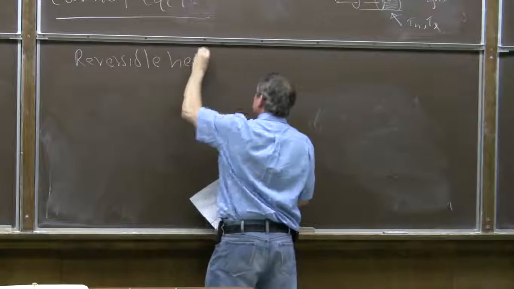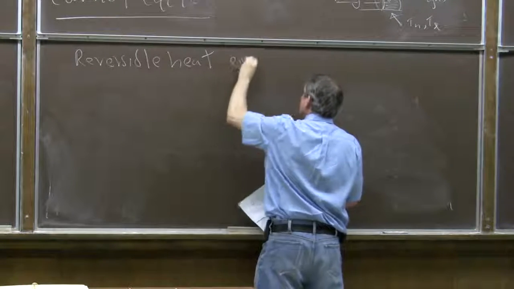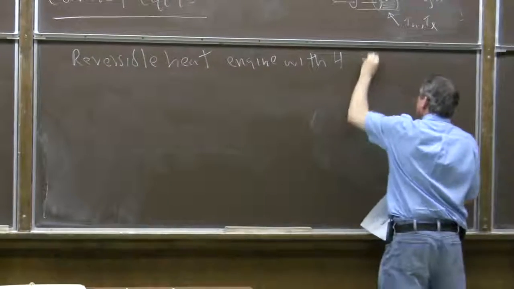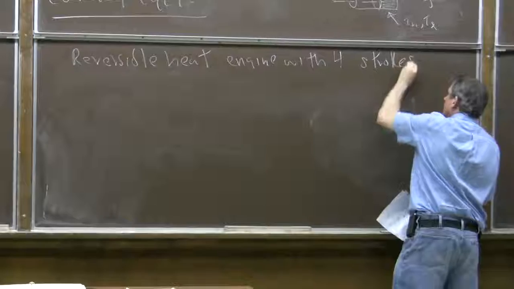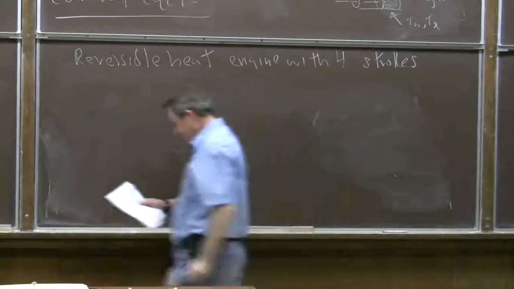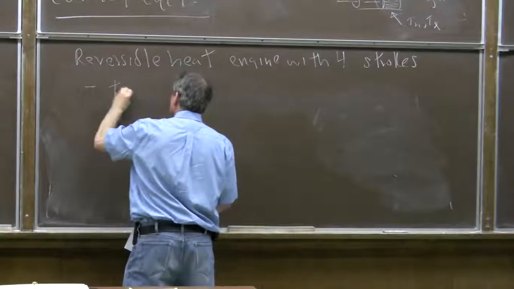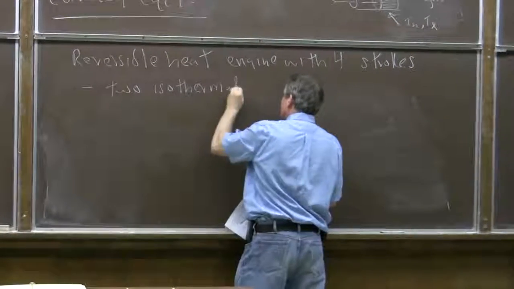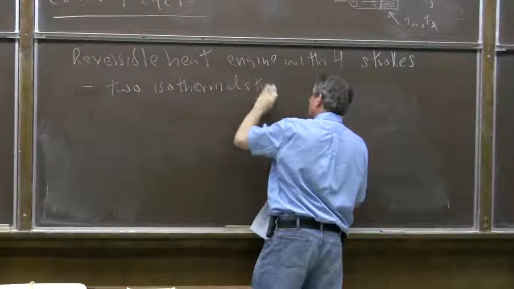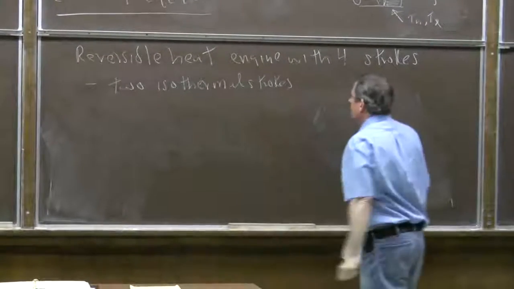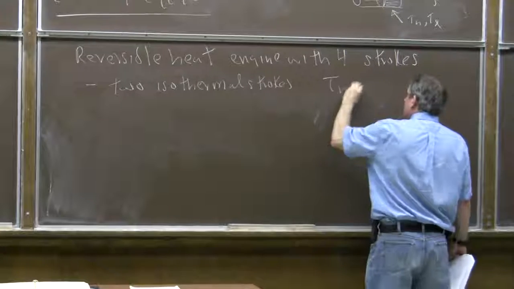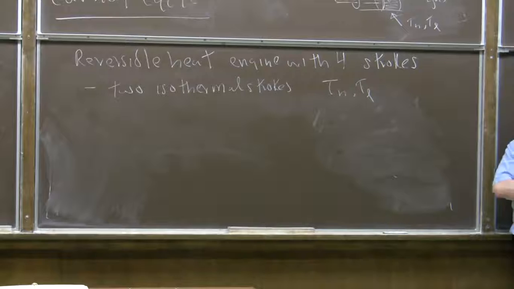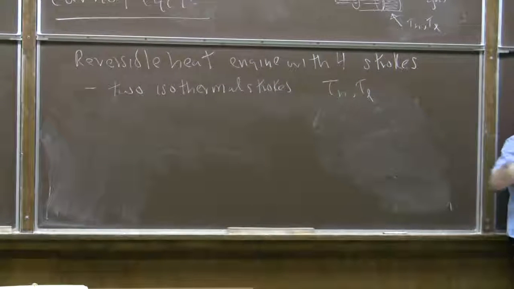It will be an ideal heat engine, a reversible heat engine with 4 strokes. There will be 2 isothermal strokes. One at temperature tau h, one at tau l. At the higher temperature reservoir, we're going to want to let the gas expand or contract?